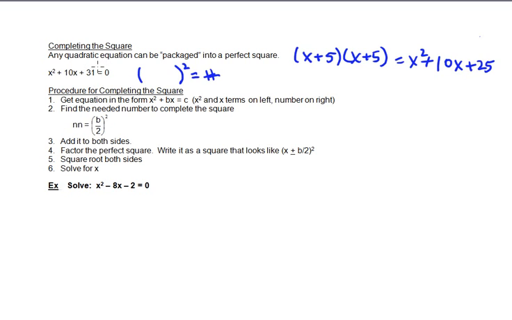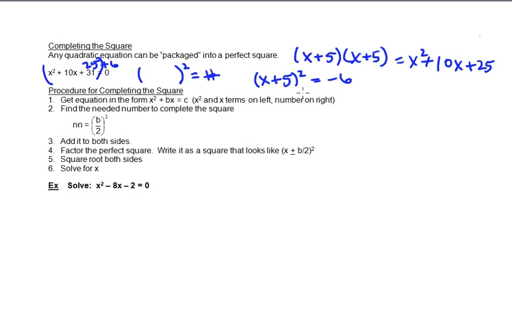However, we can imagine that the number 31 is divvied up into 25 plus 6. And so, if we were to put the first three terms together, that would be our perfect square. That would be our x plus 5 squared. And then the plus 6 on the left-hand side could be subtracted from both sides, and we'd end up with a negative 6.